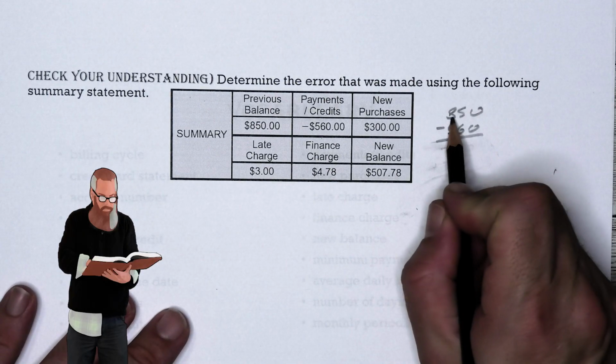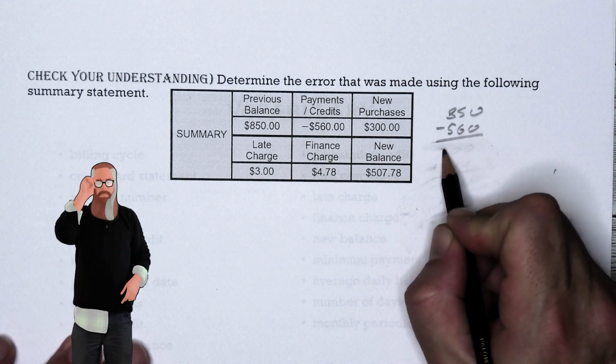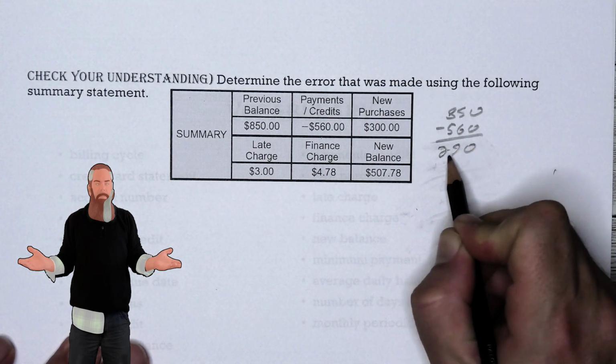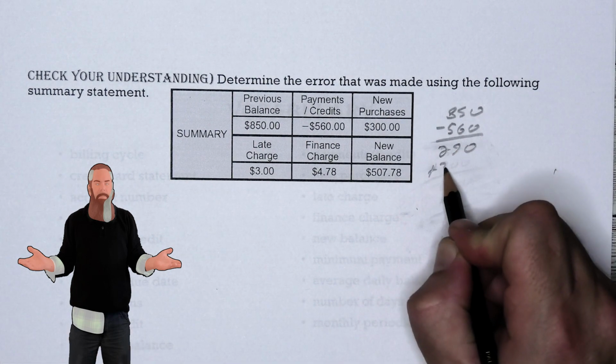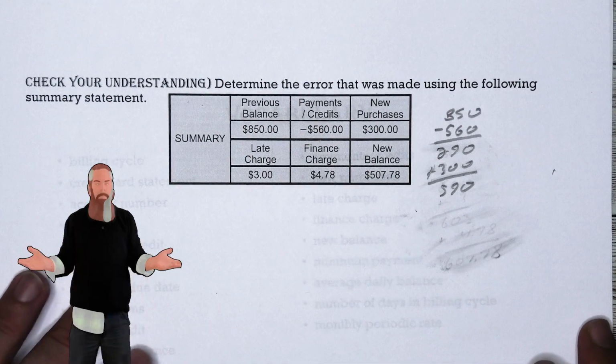She had a previous balance of $850 and made a $560 payment, which left her with $290 owed. Add the $300 in purchases so that she now owes $590.